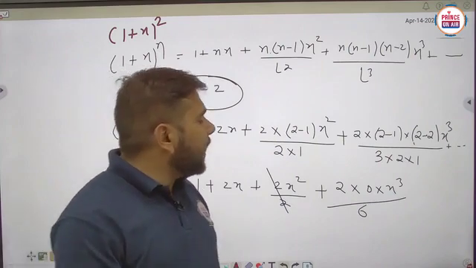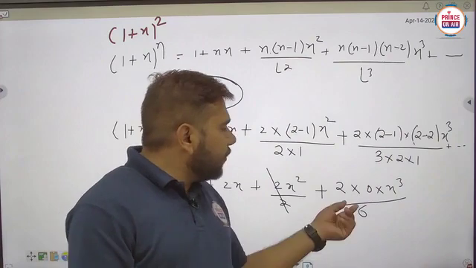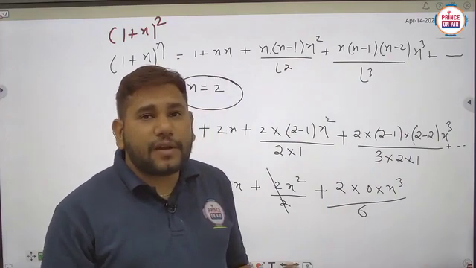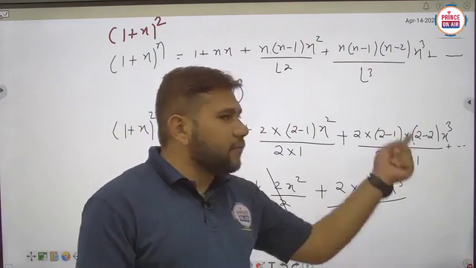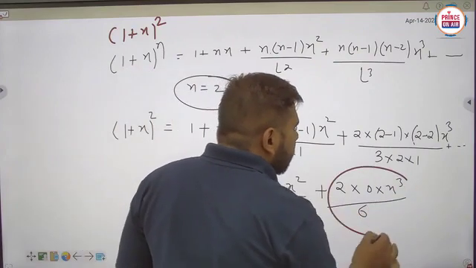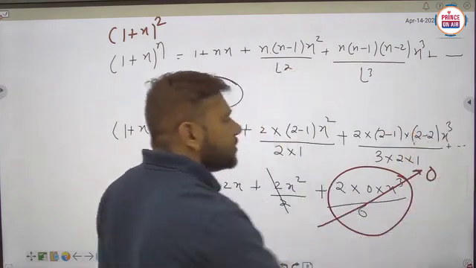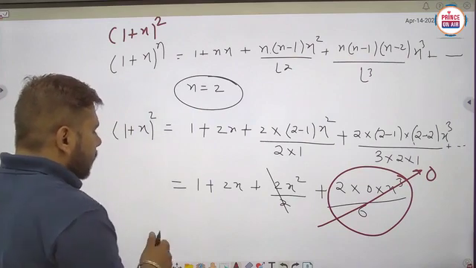When I multiply this with 0, when we multiply any number with 0, what result do we get? The whole term will be 0. So by multiplying with 0, this term will be 0. Clear, beta?